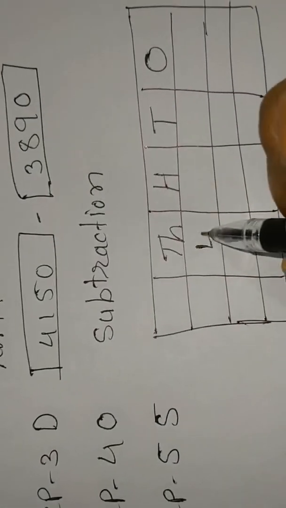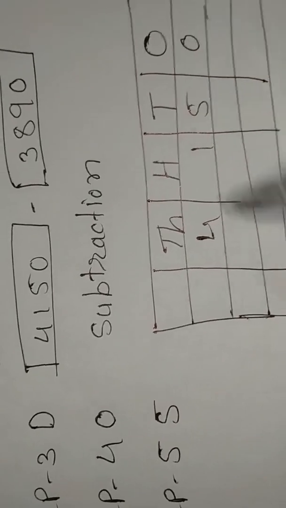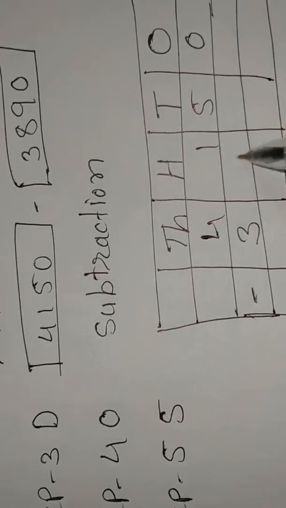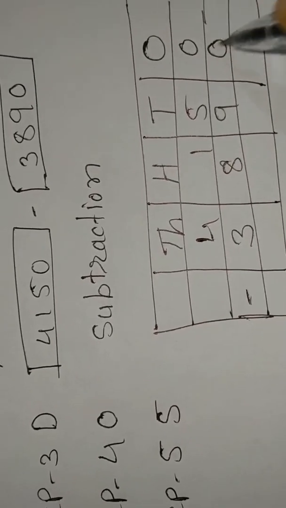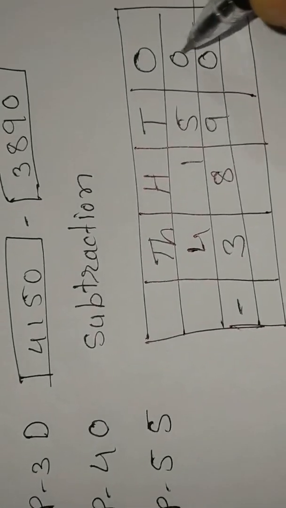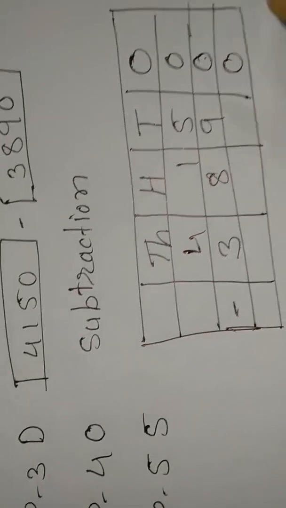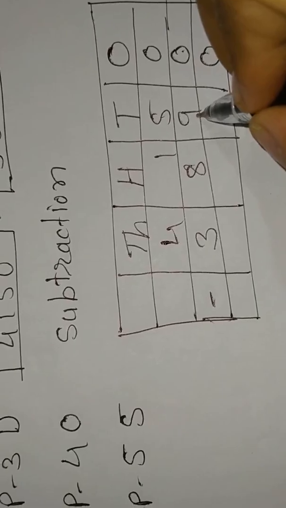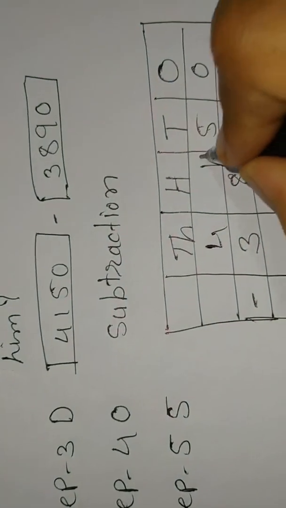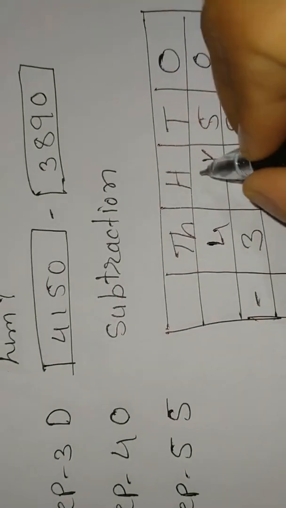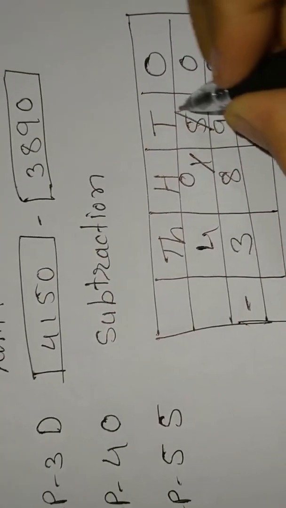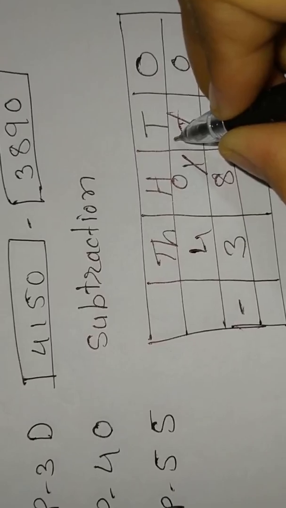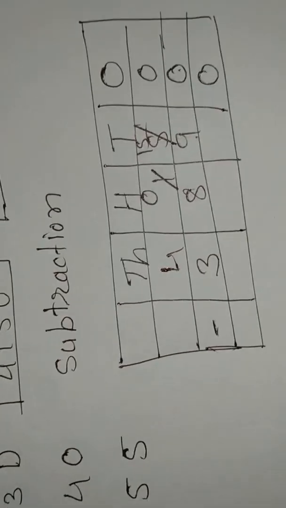Then we have to write 4,115 minus 3,819. 5 minus 9 is not possible. Cut 1, write here 0, cut 5, write here 15.